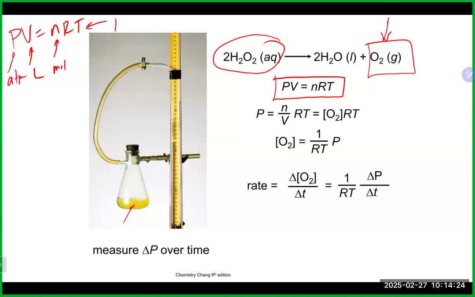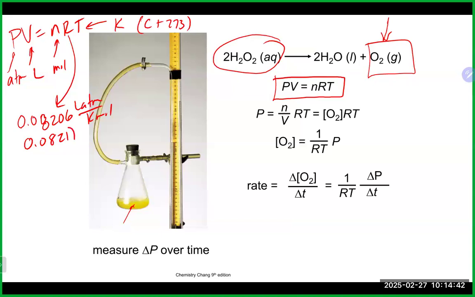Temperature always needs to be Kelvin. Reminder, Celsius plus 273 gets us Kelvin. And R is our gas constant, 0.08206 liters atmosphere per Kelvin mole. Maybe you'll learn 0.0821. People like to use a rounded number these days. Same thing. And that is obviously a constant.